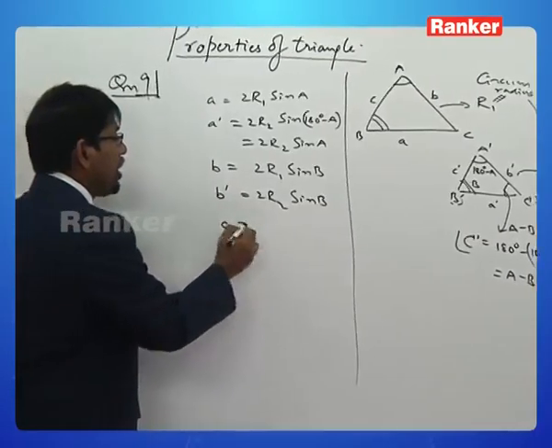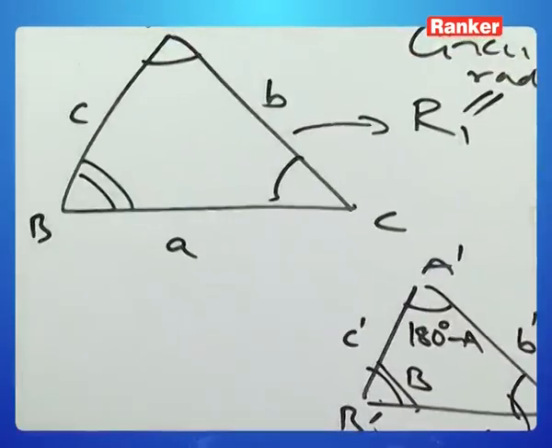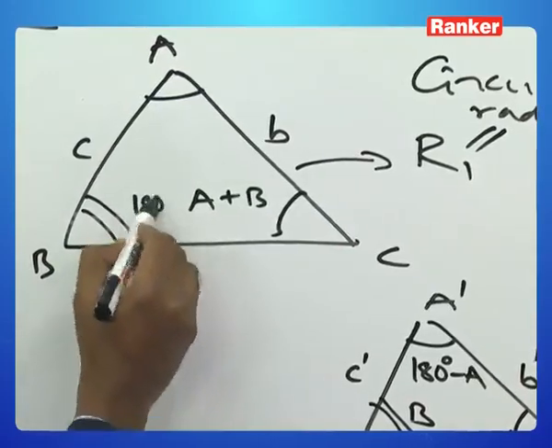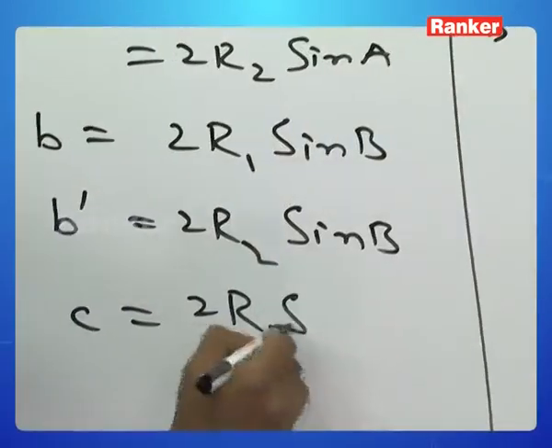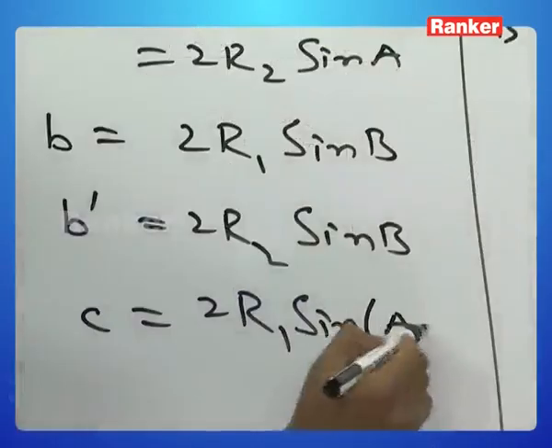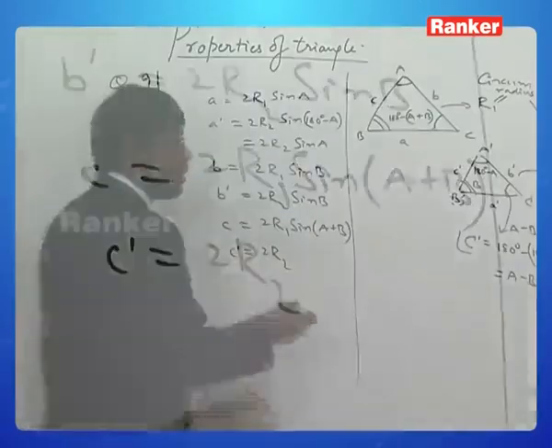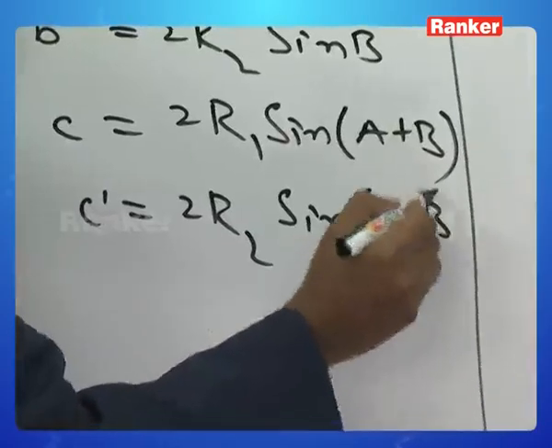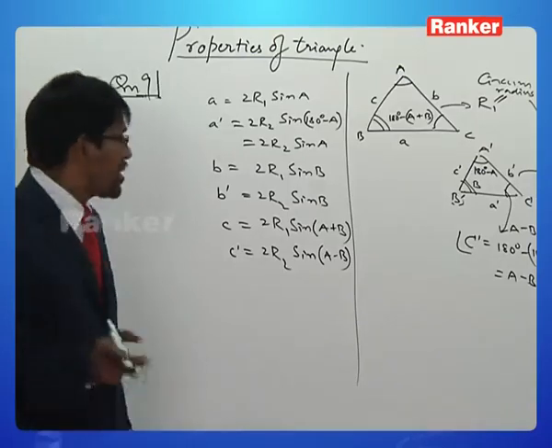What about c? This angle is 180 minus of A plus B. So I can write it as 2R1 into sine of 180 minus of A plus B, which is nothing but sine of A plus B. What about c dash? 2R2 into sine of A minus B. Now we wanted a relation between a dash, b dash and c dash here.